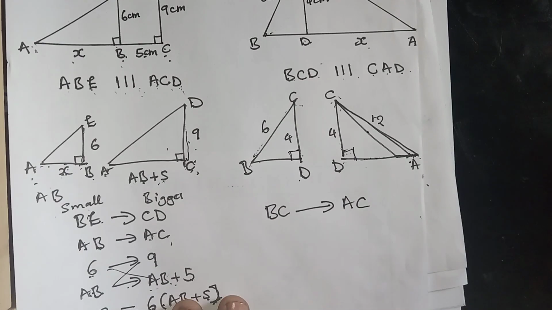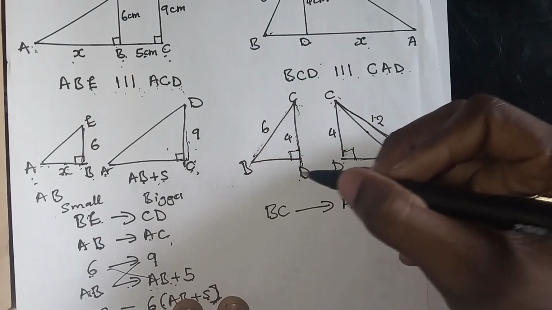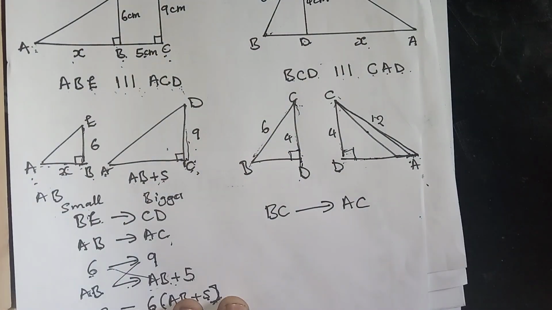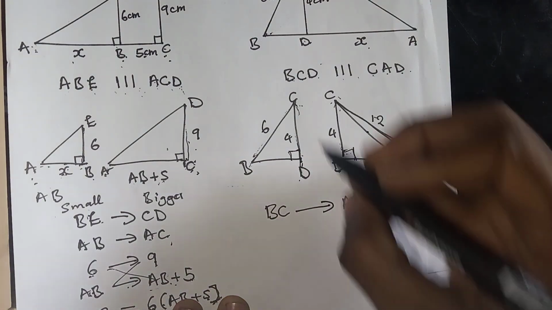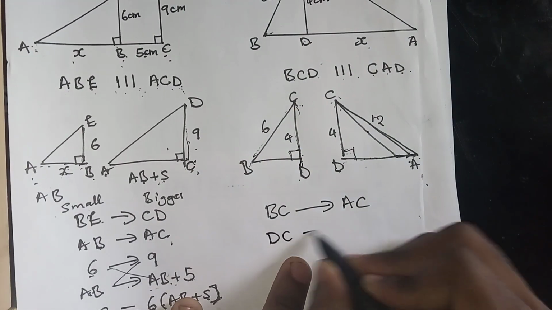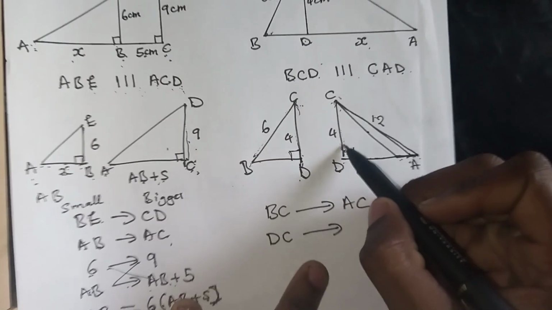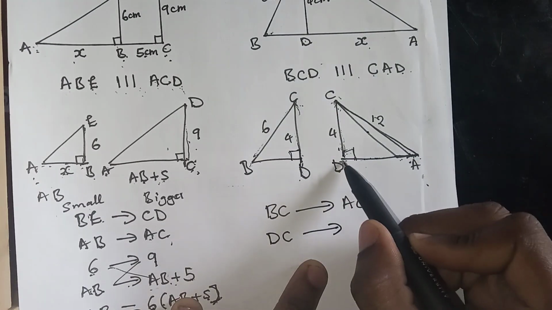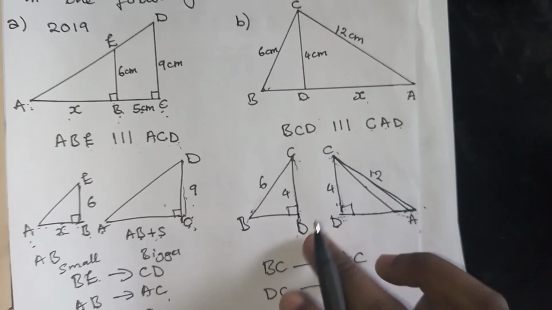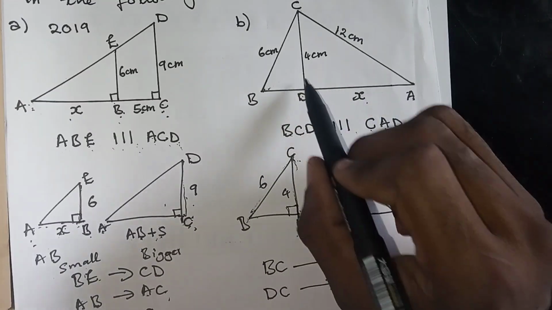So next, you want to relate this side here, which is like the second longest side. The second longest side here is DC. You relate it to the second longest side here. As you can see, this is not the second longest. The second longest is here. This is much clearer. As you can see, this is longer than this.